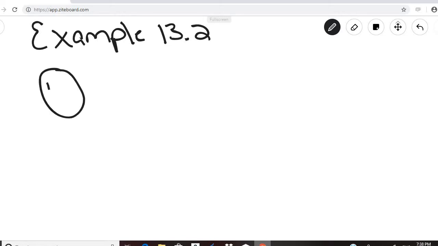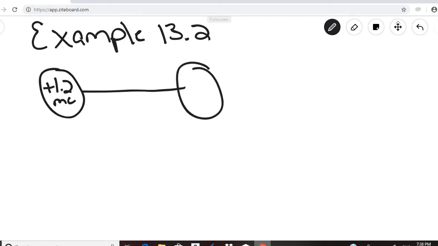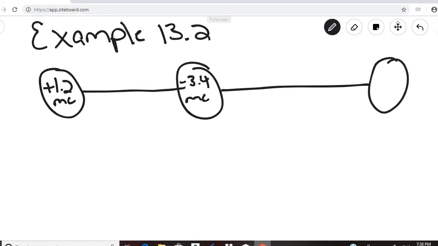We have a positive 1.2 millicoulomb, and then we have a negative 3.4 millicoulomb, and then over here we have a negative 4.1 millicoulomb charge.